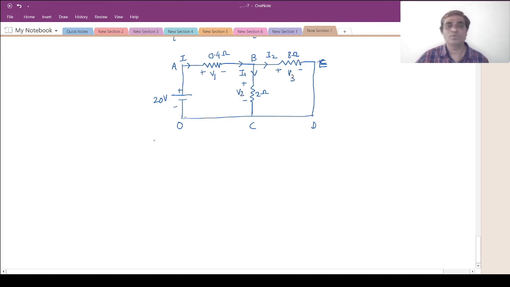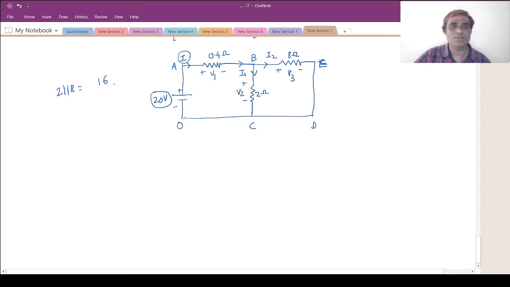First, let me obtain the total current. How to obtain the total current? For that I should know the total equivalent resistance, and we observe that 2 ohm and 8 ohm are in parallel. What will be the equivalent resistance for it?